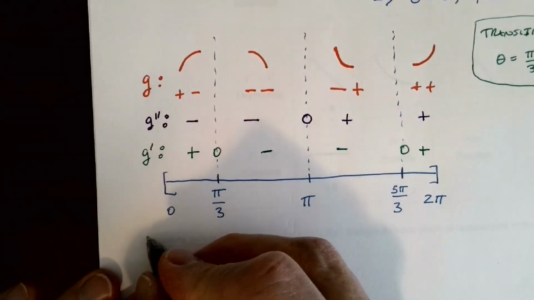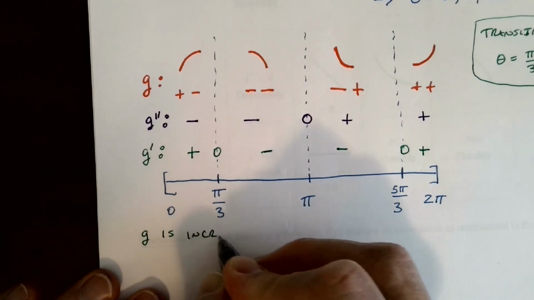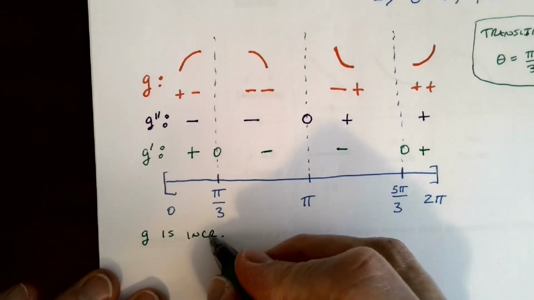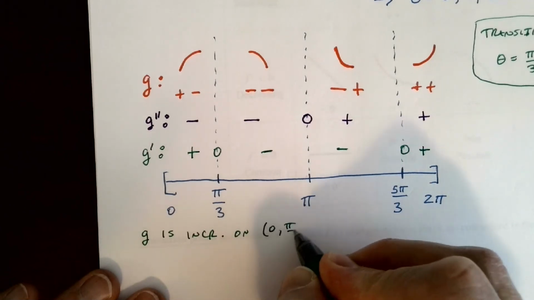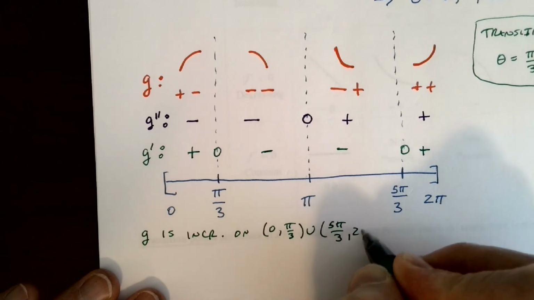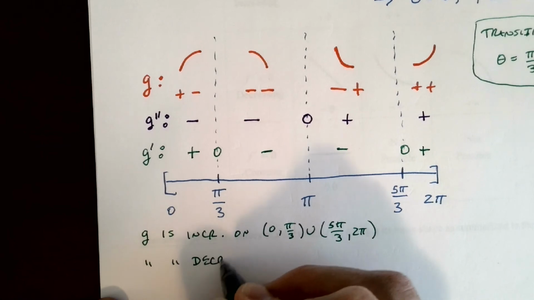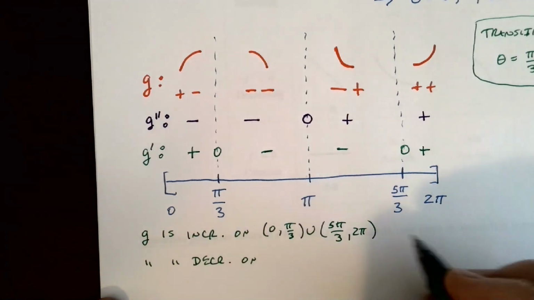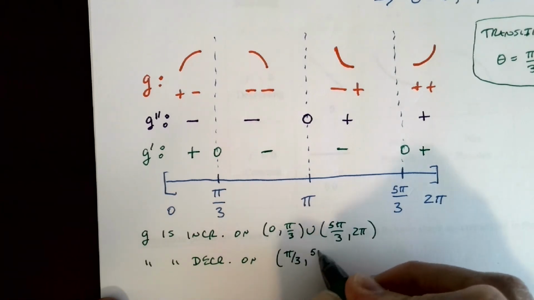Okay, so now we can answer all our questions. When is g increasing? Where the first derivative is positive. So that's from 0 to pi over 3, and then from 5 pi over 3 to 2 pi. G is decreasing where its first derivative is negative. That's between pi over 3 and 5 pi over 3.